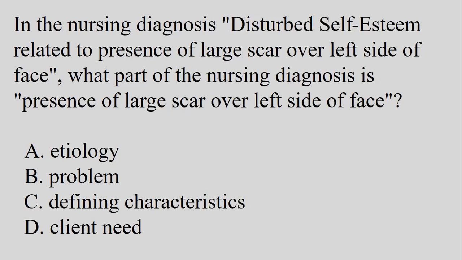So now you have to know what etiology means, what problem means, and what characteristics mean. Okay, so this is the etiology because it's the cause of her low self-esteem. The problem itself is the low self-esteem.